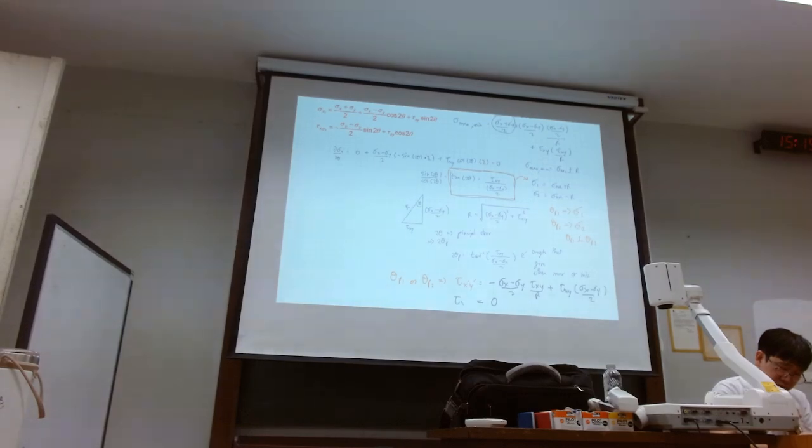So always 0. So, at principal stress, there would be no shear stress at all. So that's the main concept. At theta P1 or theta P2, tau must be 0. This is something that you must know.